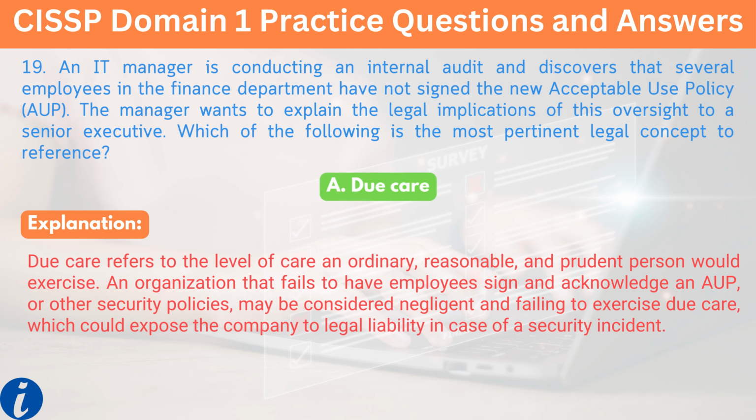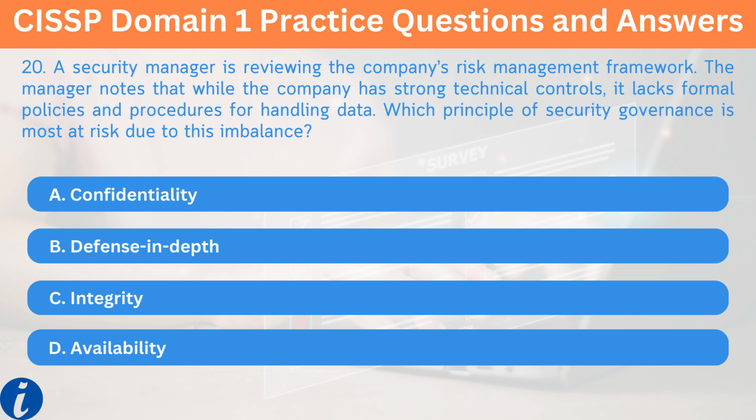20. A security manager is reviewing the company's risk management framework. The manager notes that while the company has strong technical controls, it lacks formal policies and procedures for handling data. Which principle of security governance is most at risk due to this imbalance? A. Confidentiality. B. Defense in depth. C. Integrity. D. Availability.